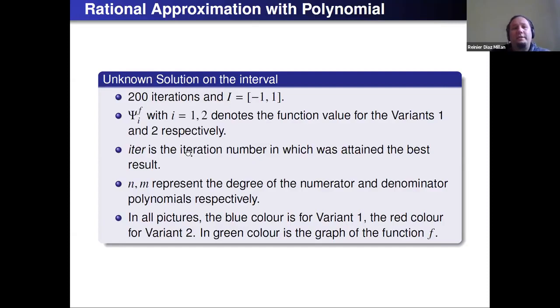In these 200 iterations, we extract the best result for each variant. Here, n is the number of iterations, and n and m represent the degree of the polynomials in the numerator and the denominator respectively. In the pictures, the blue color is for variant 1, the red color is for variant 2, and the green color is for the graph of the function that we want to approximate.